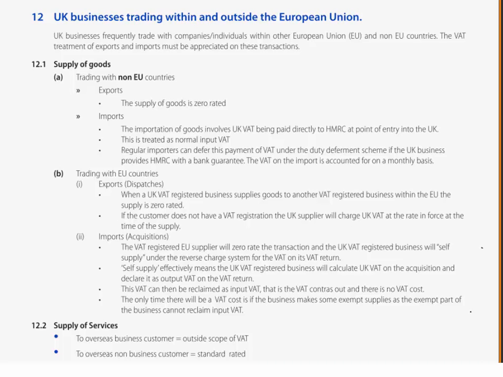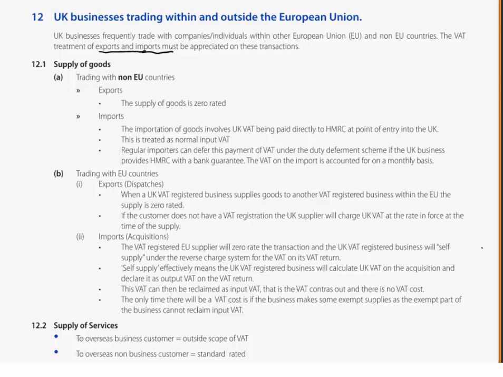So as it says at the top, UK businesses do indeed frequently trade with companies or individuals within other EU or non-EU countries. We've got to look at the VAT treatment of what I've loosely called here exports, sales made by UK businesses to overseas customers, and imports, purchases made by UK businesses from overseas suppliers.